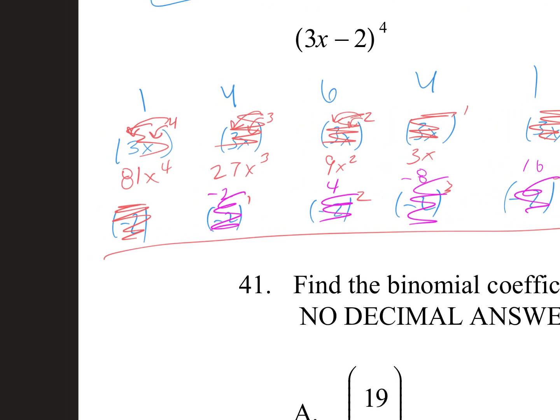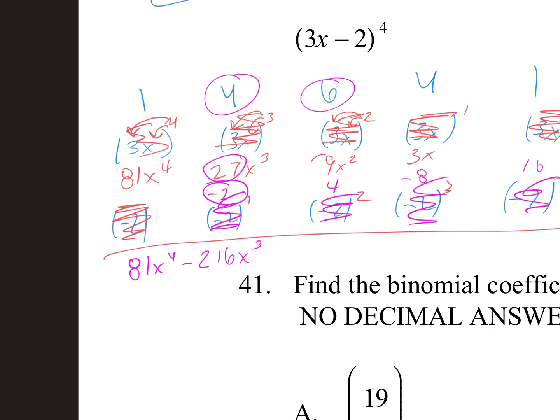So now when we multiply down, 1 times 1 times 81 x to the 4th, you're good to go. 4 times 27 times negative 2 is what? Negative 216, okay. x cubed, good.